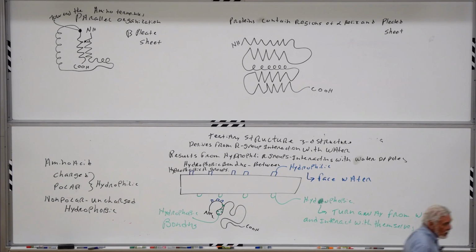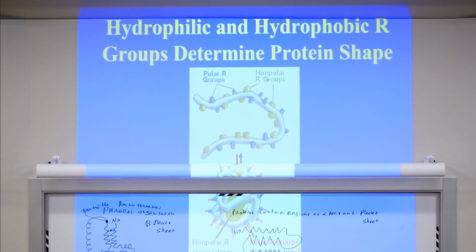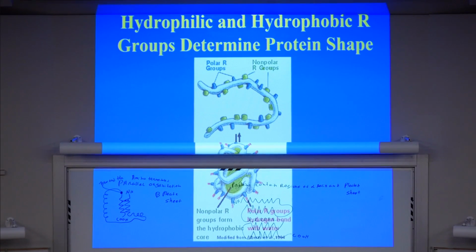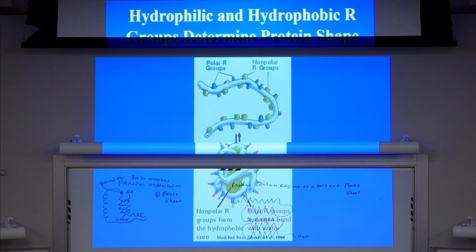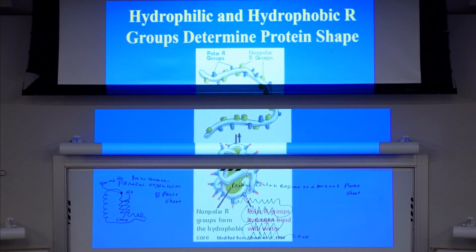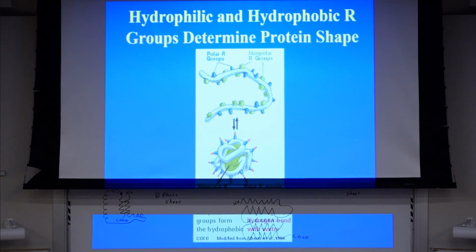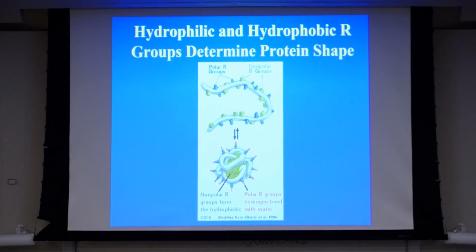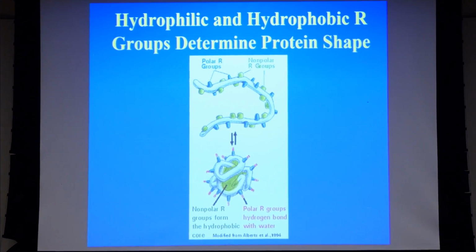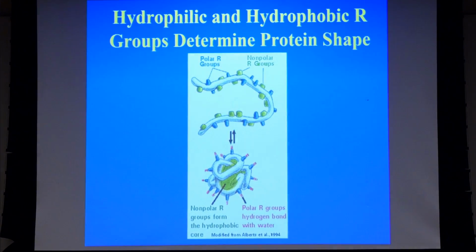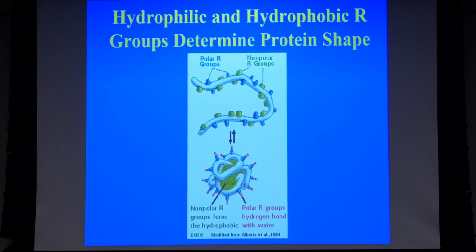Let's see if I can show this in a sort of simplified view. So this is intended to be a nicer image than what I put on the board, but it's telling a very similar story. Up here with the gumdrops, they're showing the hydrophobic R groups in green and the hydrophilic R groups in blue.